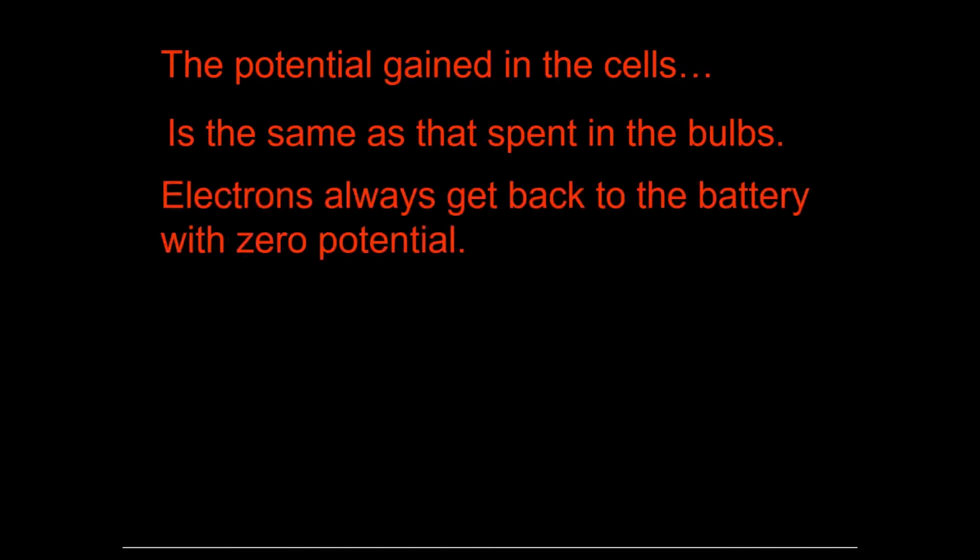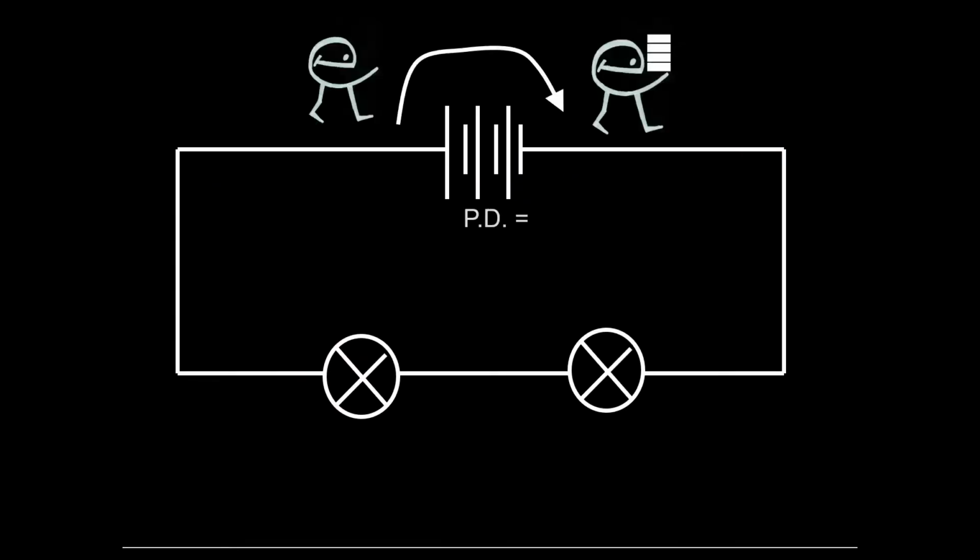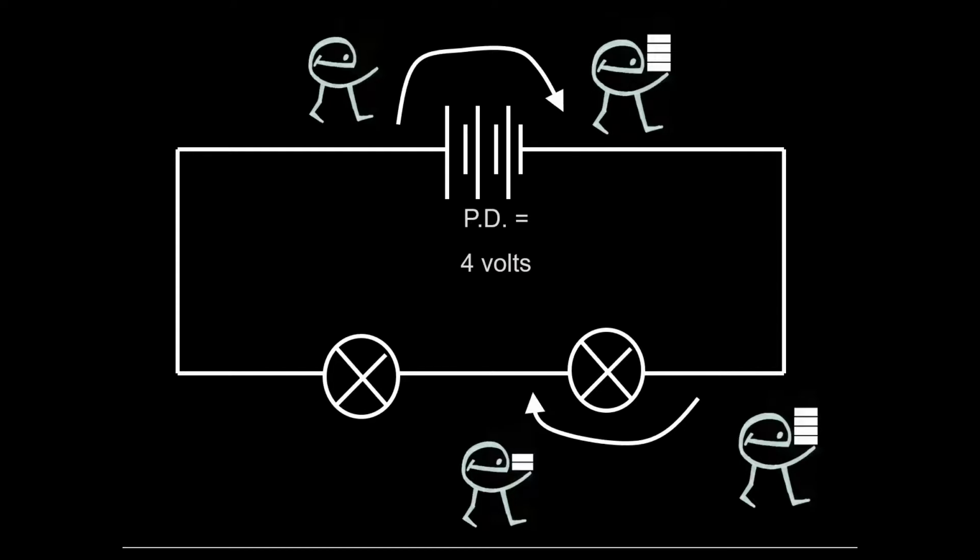So the potential, or the energy, is gained in the cells. However much the electrons get given, they are going to spend it in the bulbs. They're going to use the whole lot up, and they're always going to get back to the battery with 0. And then they pick up more. So we can see here, in this battery, they're picking up 4 volts. The potential difference is 4. At the first bulb, it looks like they had 4, they come out with 2, so they spent 2 volts.